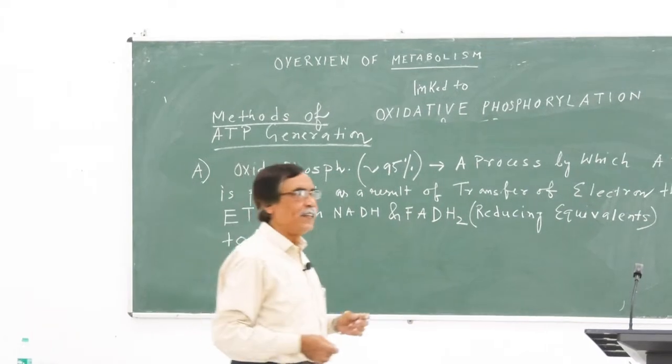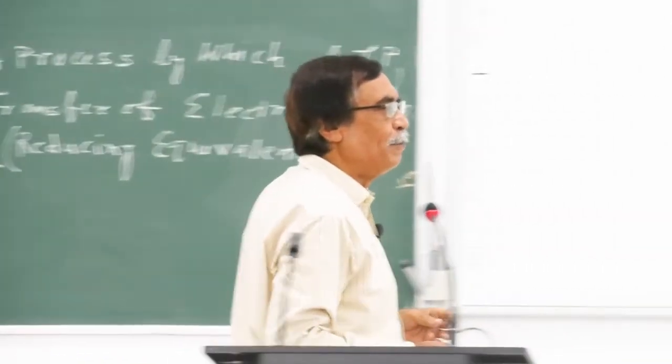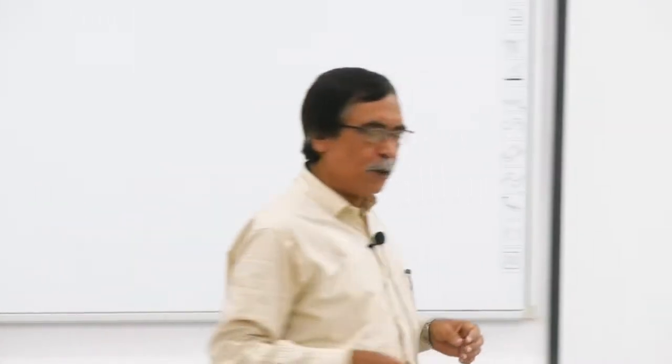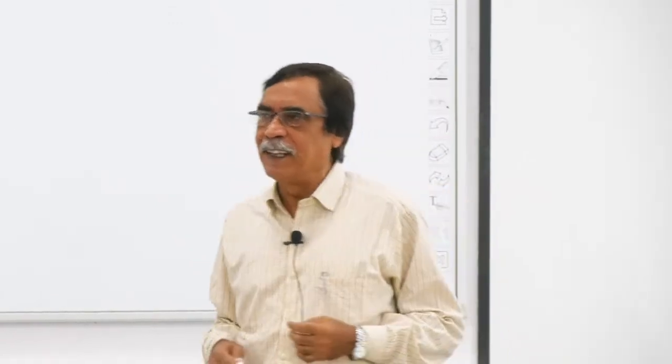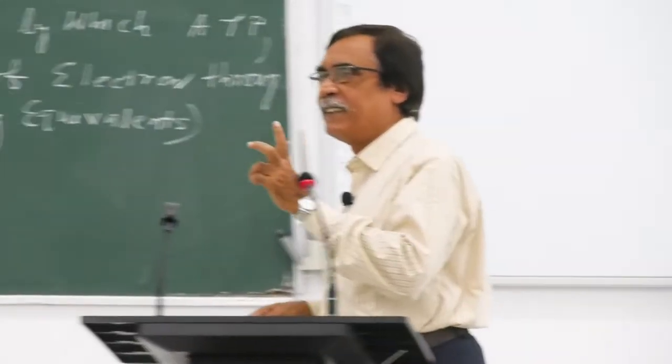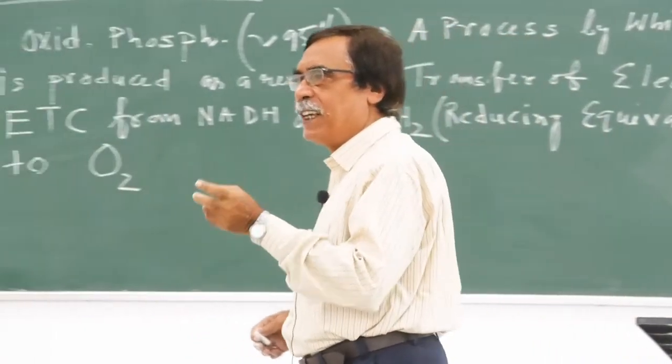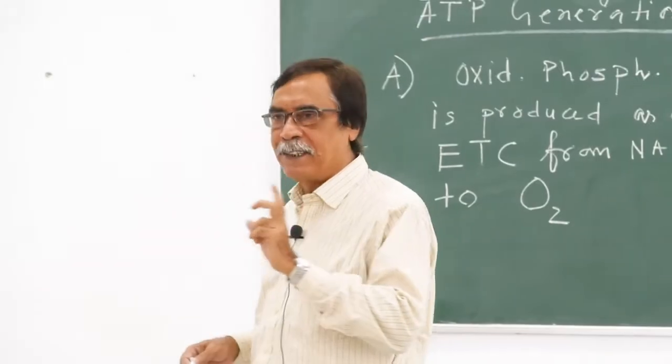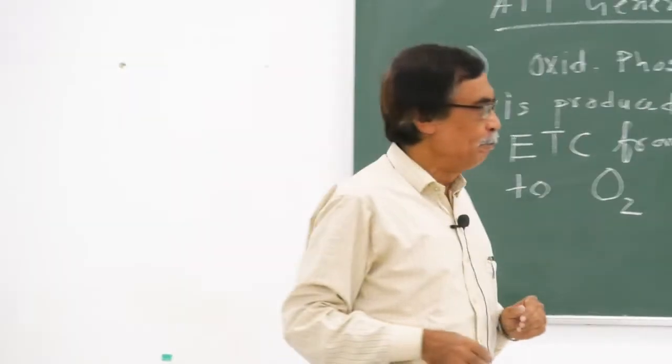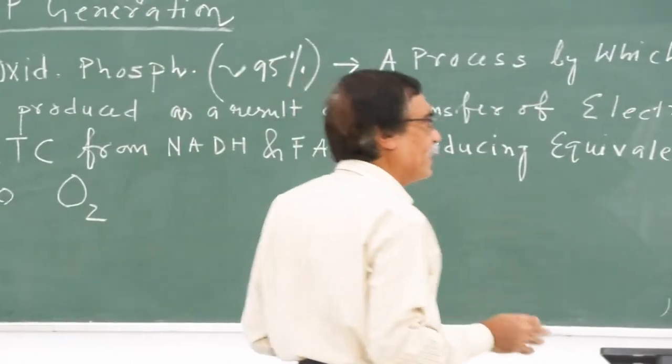Gain of electron means reduction, loss of electron means oxidation. When there is oxidation, there is a concomitant reduction. When somebody gets oxidized, somebody must get reduced. This is the principle of oxidation and reduction.